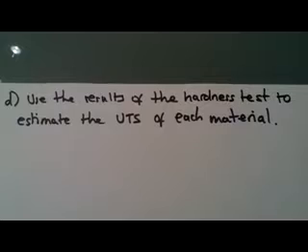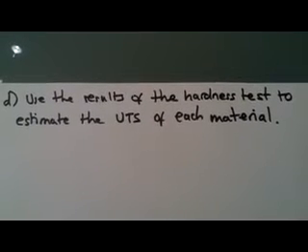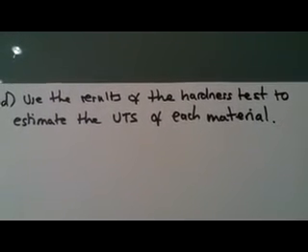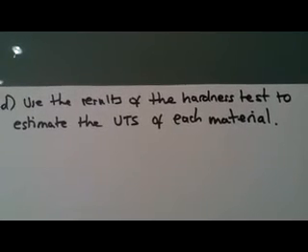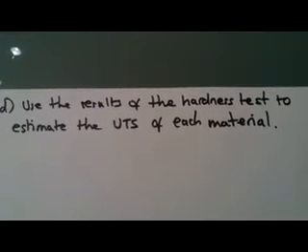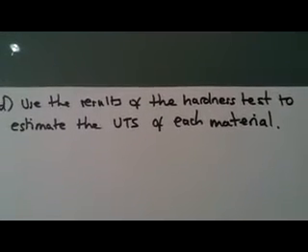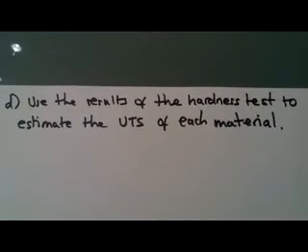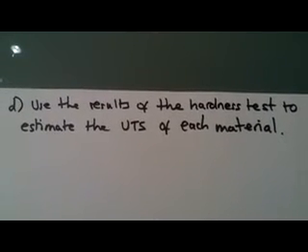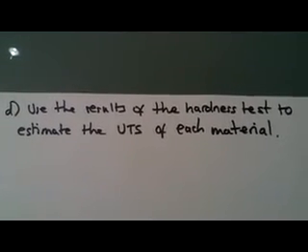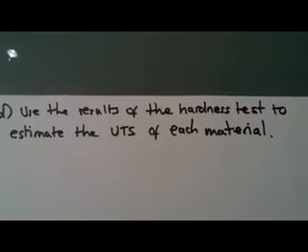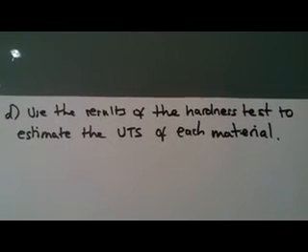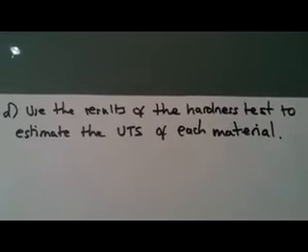So what you should be able to do is look at the hardness of each material. So let's say you look at the hardness of the brass and then convert that hardness to a UTS, tensile strength basically. And what you should find is that it ties up roughly with the tensile strength, the UTS of the material that you've got from the tensile test.